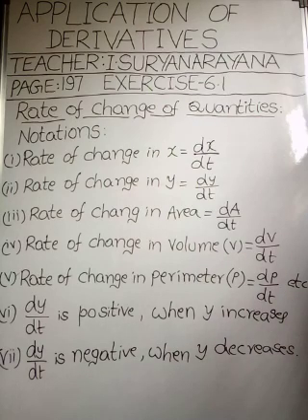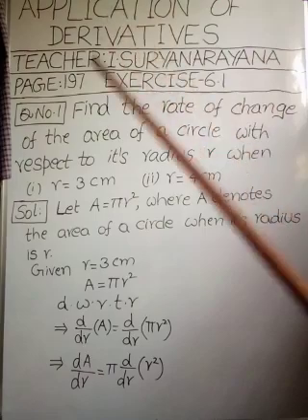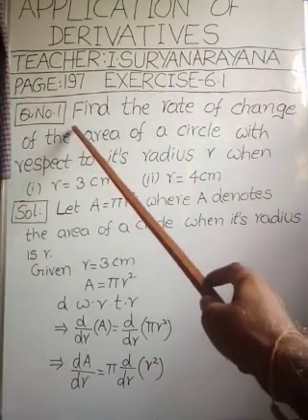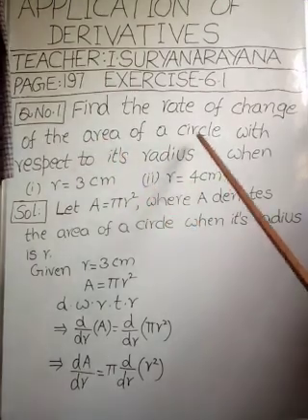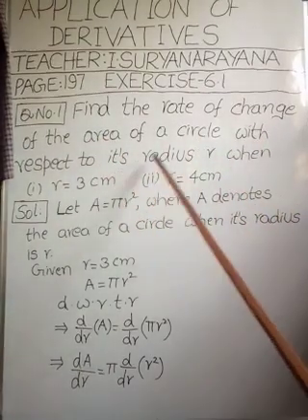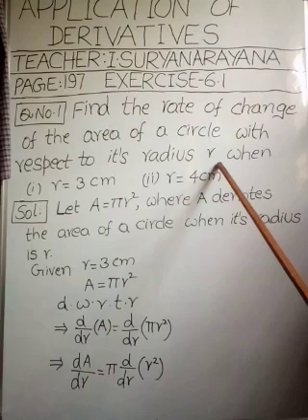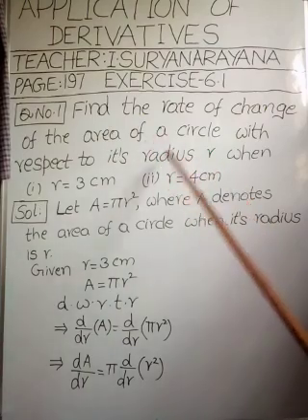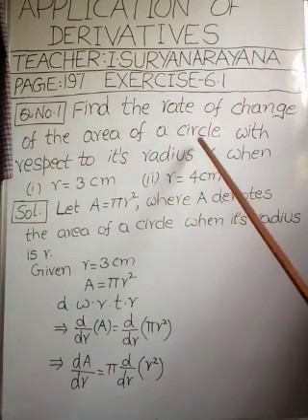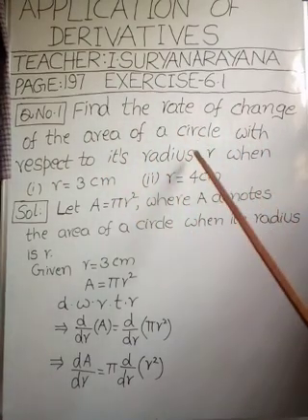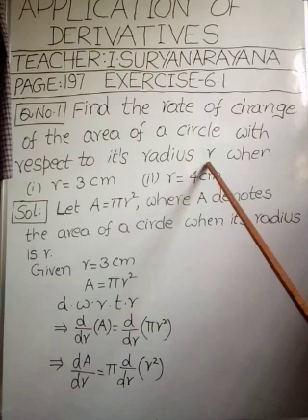Now come to the first question, question number 1. Find the rate of change of the area of a circle with respect to its radius r when r is equal to 3 centimeters and r is equal to 4 centimeters. Read this question carefully, my dear children. They are asking the rate of change of the area of a circle with respect to its radius. Understood this point, my dear children?